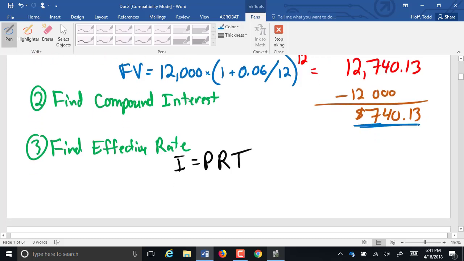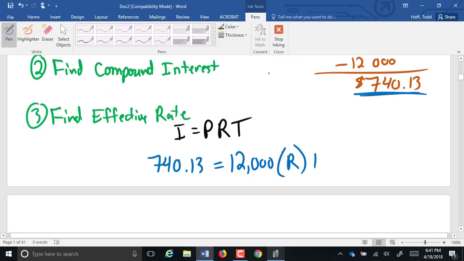Our I is the compound interest, $740.13. P is still our principal of 12,000. R is what we're trying to find. What's our time? Well, it was greater than a year, so we only went for 1 year. So our time is just 1 year.